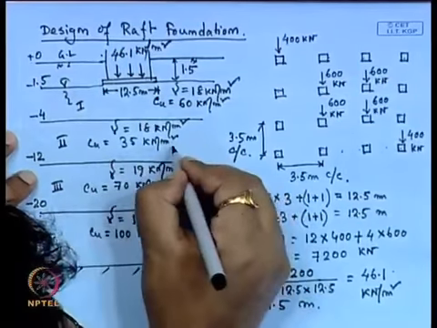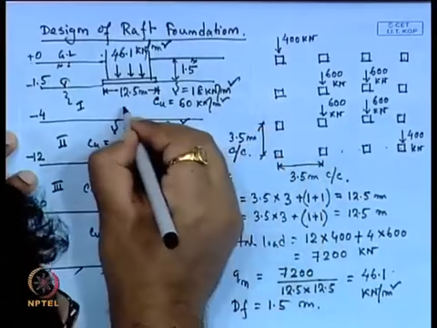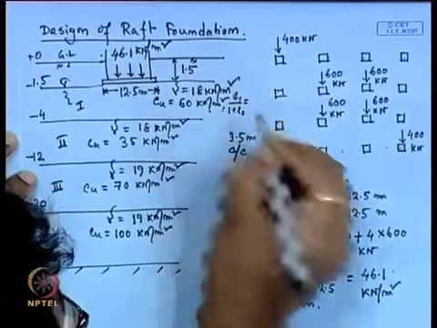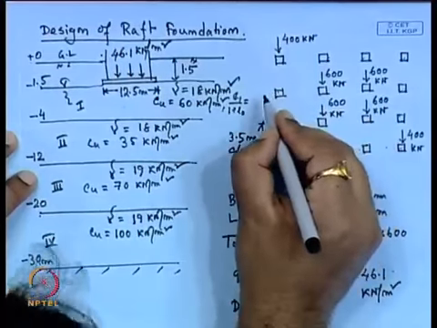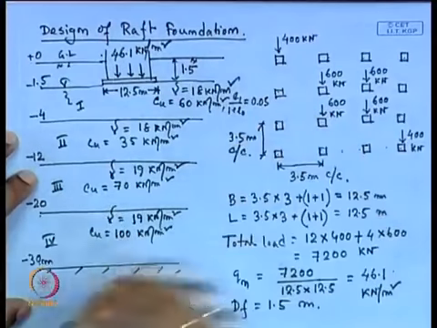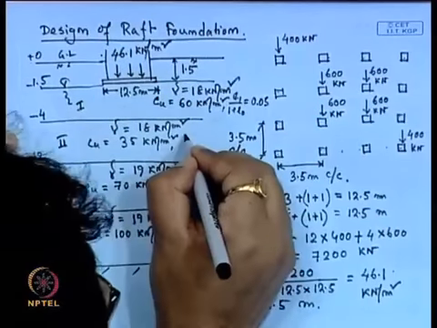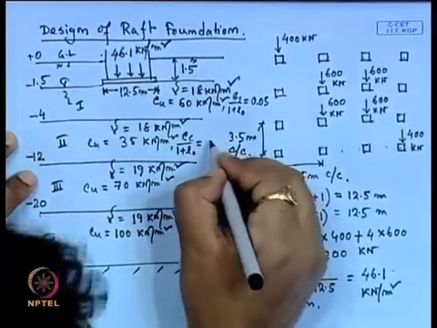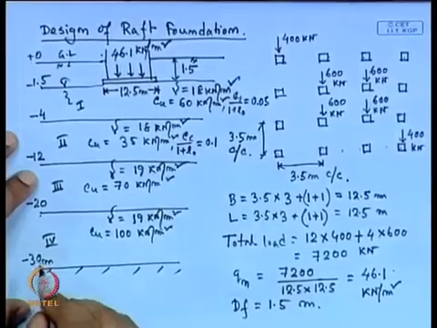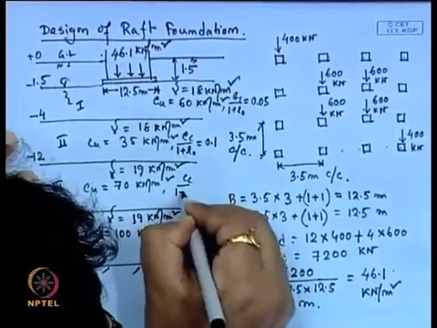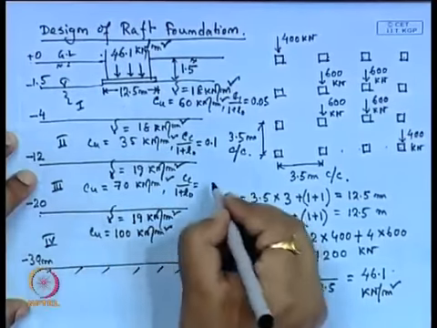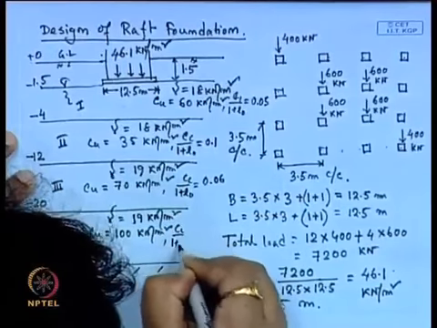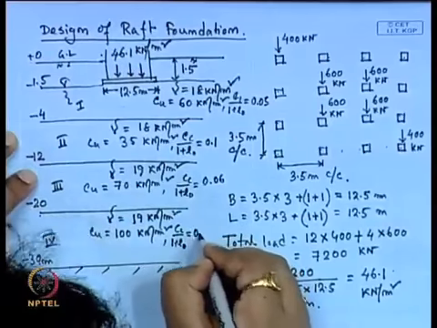Now, Cc over 1 plus e0 for the first layer is 0.05. Similarly, Cc over 1 plus e0 for the second layer is 0.1, for the third layer 0.06, and for the fourth layer 0.03.